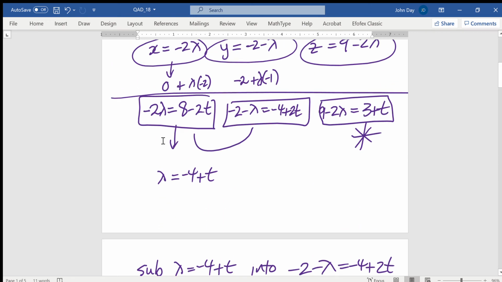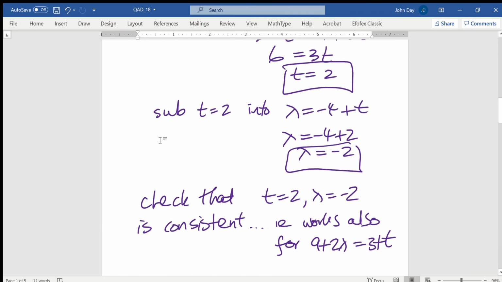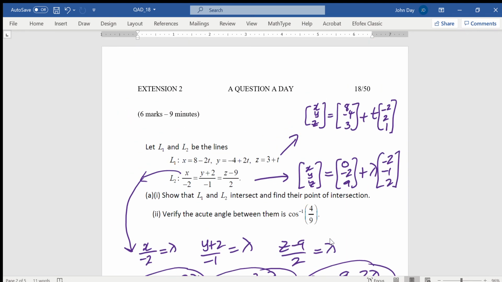I'm glad I didn't try to go by memory there. Is it 9 minus 2 lambda? Let's have a look at the top here.